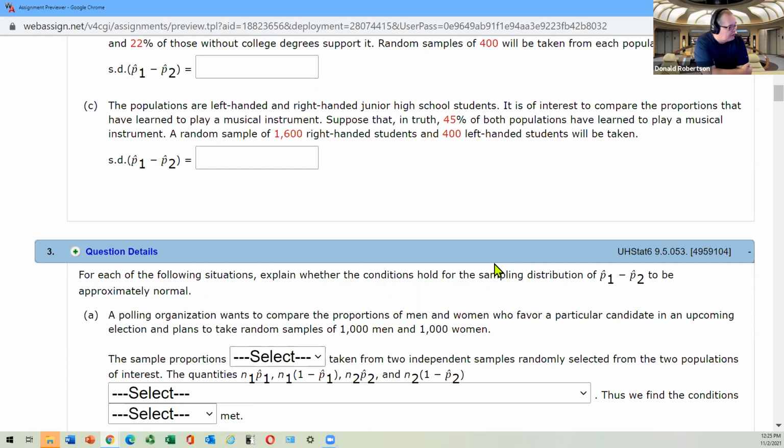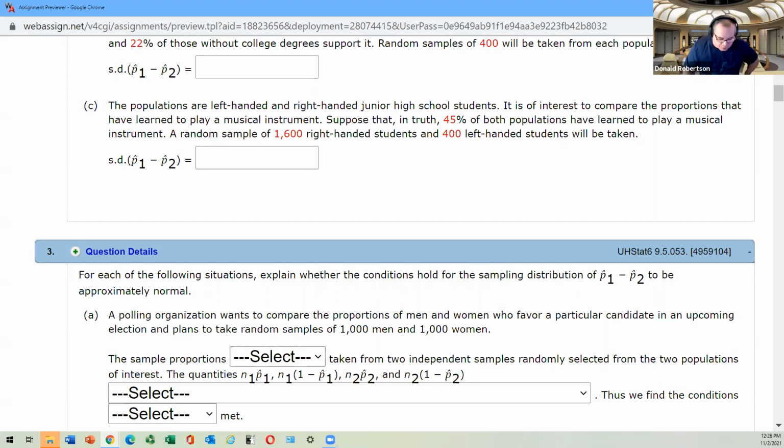Suppose that in truth, 45% of both have learned to play a musical instrument. Won't P1 be 0.45? And won't P2 also be 0.45? Agreed? And the samples are 1,600 for right-handed and only 400 for left-handed.